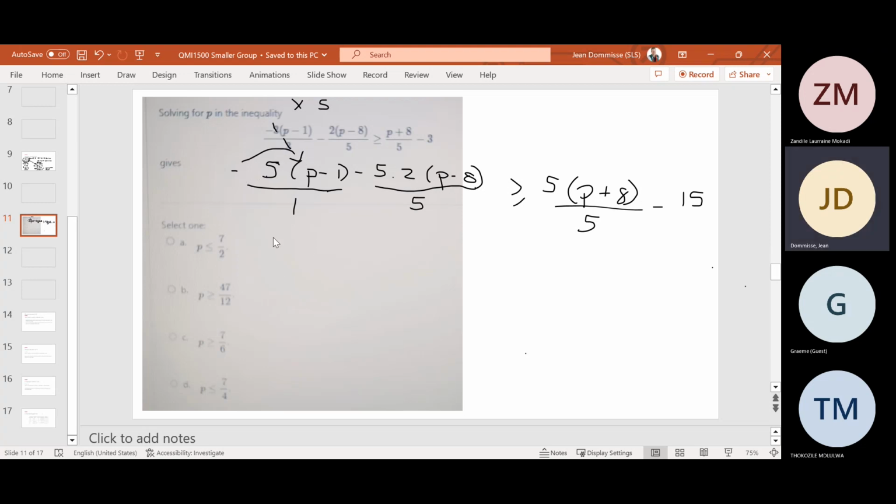Okay, so multiply that in, we get minus 5b. Multiply that in there, get plus 5. The 5 and the 5 cancel out. So minus 2 times p is minus 2p. Minus 2 times minus 8 is plus 16.